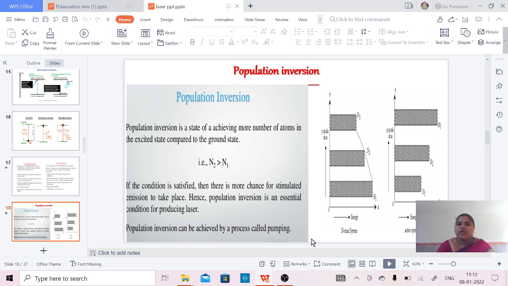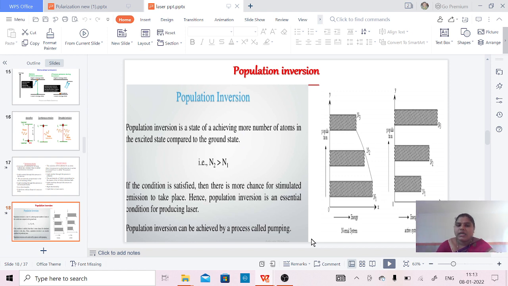Population inversion is a state of achieving more number of atoms in the excited state compared to the ground state. That means N2 is greater than N1. If the condition is satisfied, then there is more chance for stimulated emission to take place.